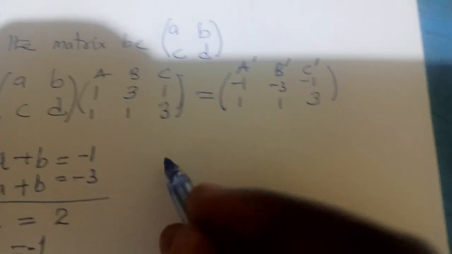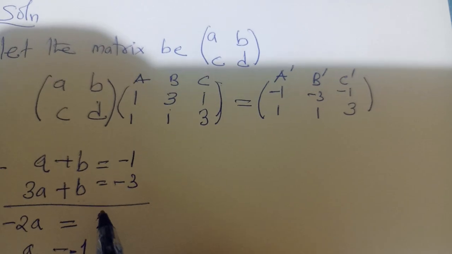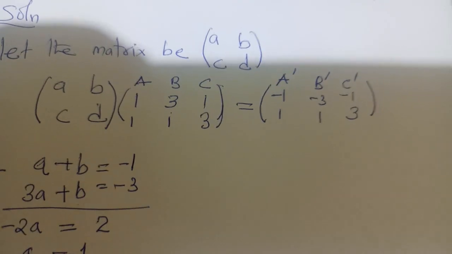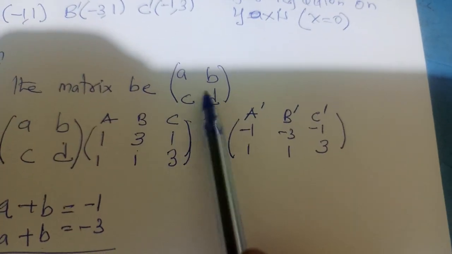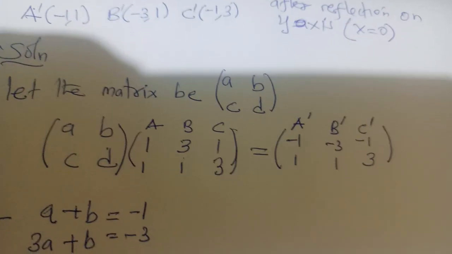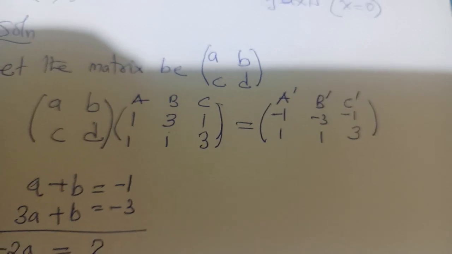Now the other set is the one involving C and D. Remember, our matrix is A, B, C, D. So we need to find the values of C and D. So here we go.